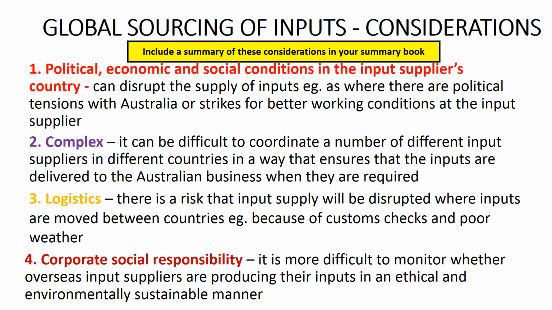These obligations include treating their employees in an ethical manner by paying them a fair wage and providing safe working conditions, and producing the inputs in an environmentally sustainable manner by minimising waste and pollution. An Australian business can have its reputation severely damaged if it buys inputs from an input supplier who does not produce those inputs in an ethical and environmentally sustainable manner.